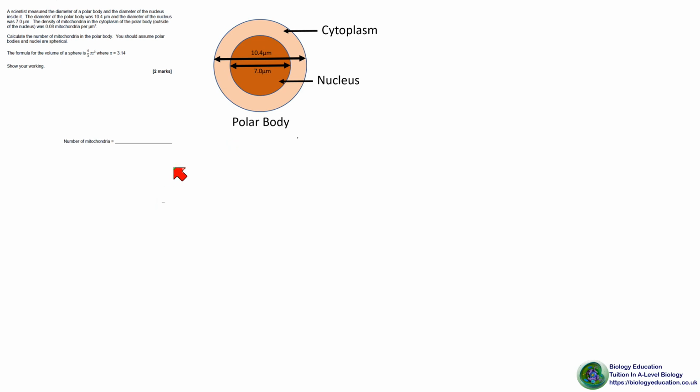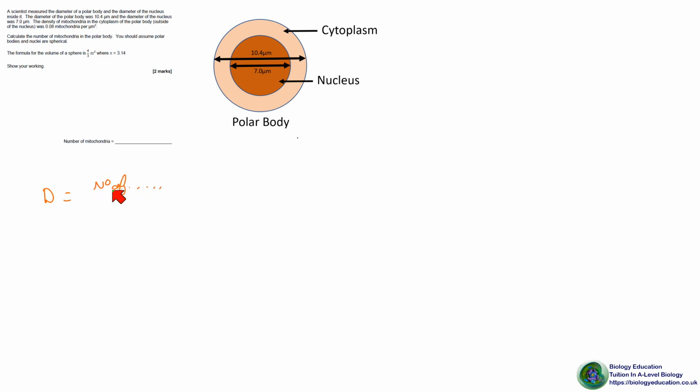The place I think would be good to start is to understand what density is and how density is calculated. That is done by the equation: D for density is equal to the number of something.